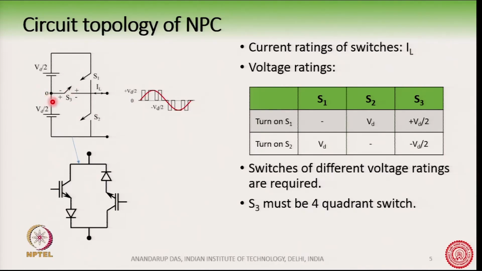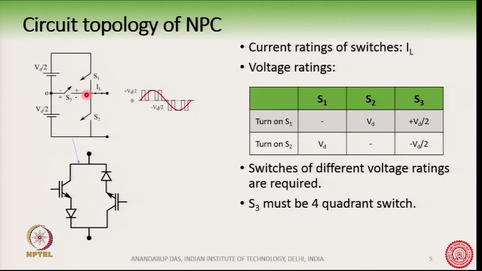Of course, remember I cannot turn on S3 and S2 simultaneously, then I will have a short here. I also cannot turn on S1 and S2 simultaneously, then I will short this one. I also cannot turn on S1 and S3 simultaneously, then it will short this one. So, S1, S2, S3 cannot be turned on simultaneously, only one at a time.